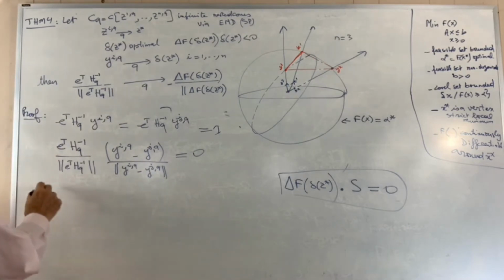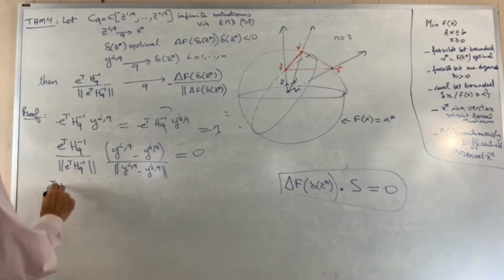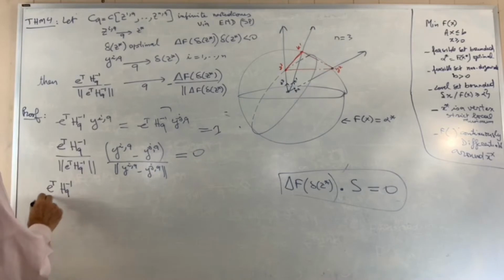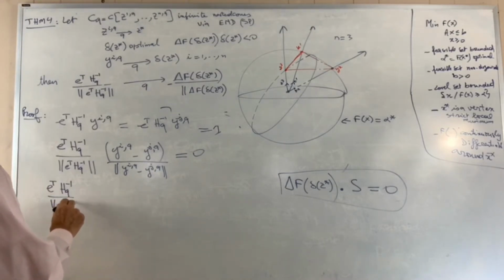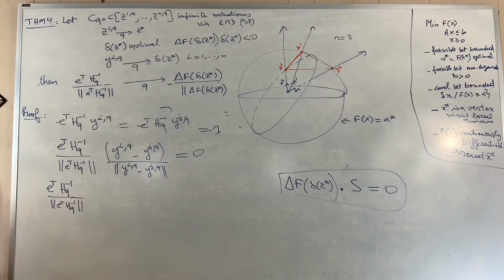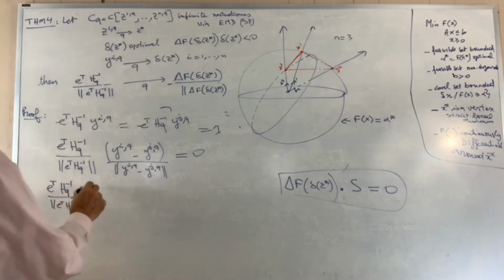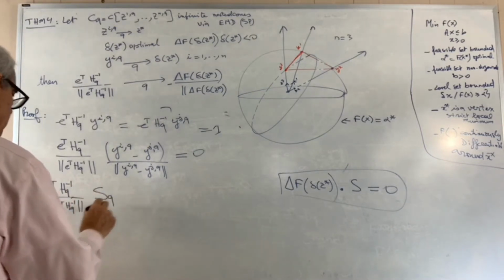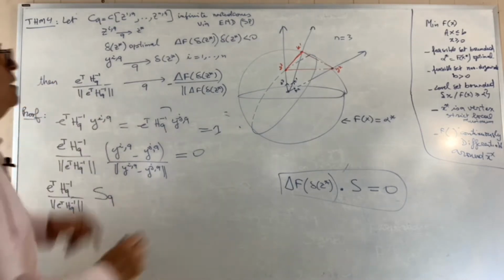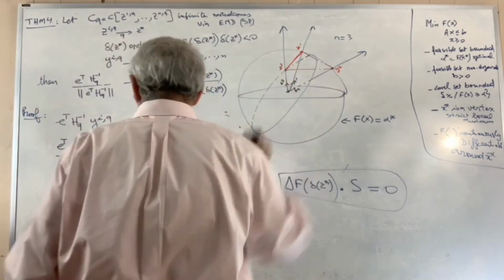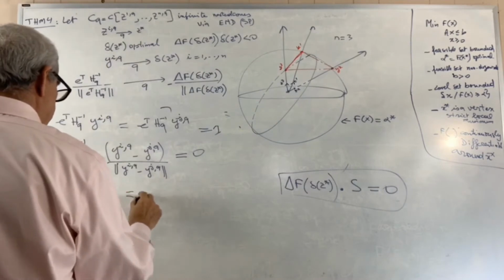So e transpose H_q minus 1 over its norm times S_q, the directional matrix of this, is always equal to 0 for every q.